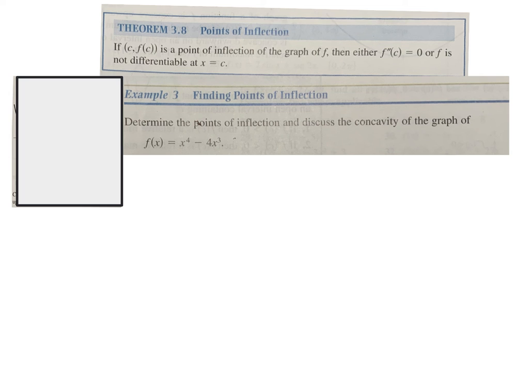Points of inflection are where your second derivative is equal to 0 or undefined. So that's what we have been finding, points of inflection. And what you'll notice is that points of inflection can occur at these two possibilities.